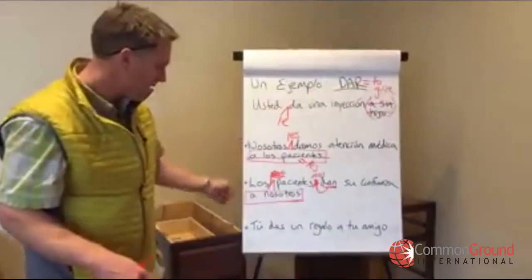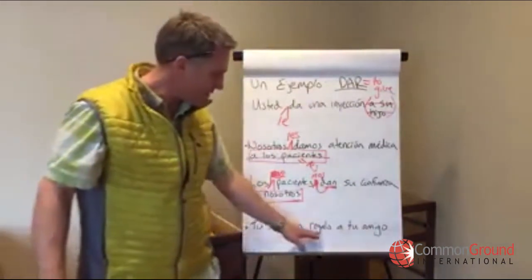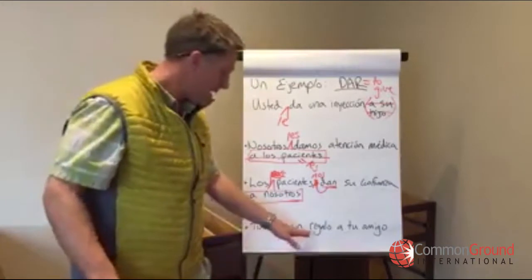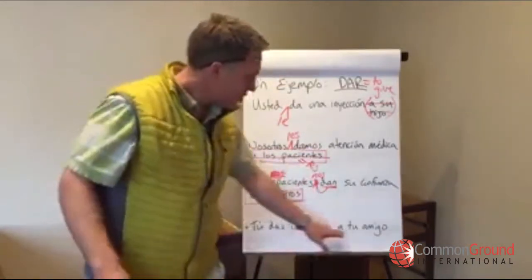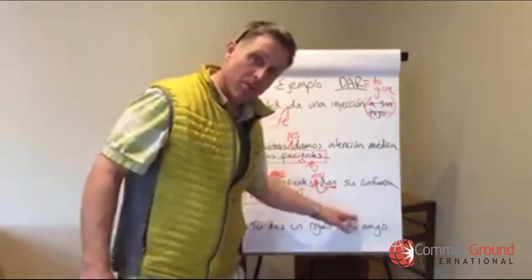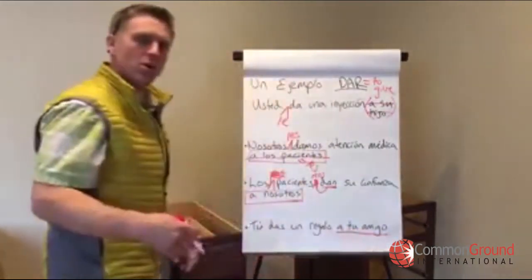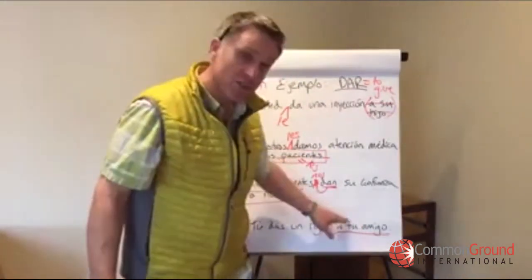Okay, bien. Tú das un regalo a tu amigo. You give a gift to your friend. Okay, what's being given? A gift. What's that? The direct object. To whom? A tu amigo. That's the indirect object. A tu amigo, to your friend. Now, don't be tricked by this tu here.